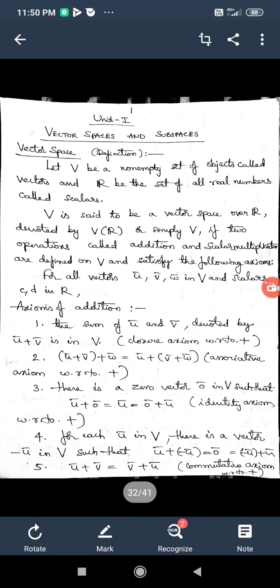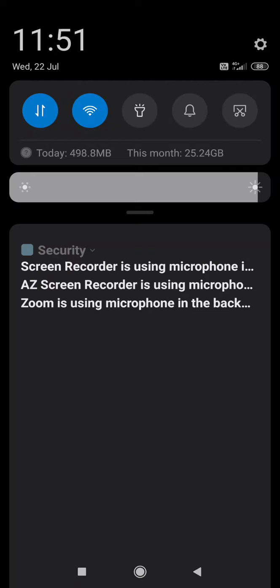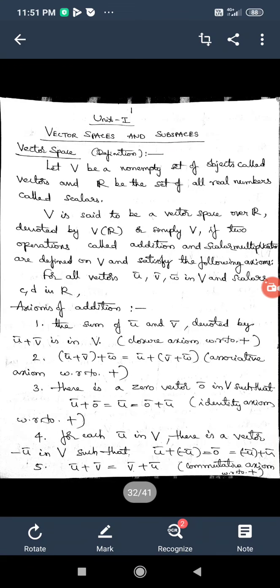The two operations, namely addition and scalar multiplication in the set V over R, if those two operations satisfy the following axioms, then we say that V is a vector space over R. Okay, let us take three vectors in capital V and two scalars from capital R, and let us see how the axioms go.